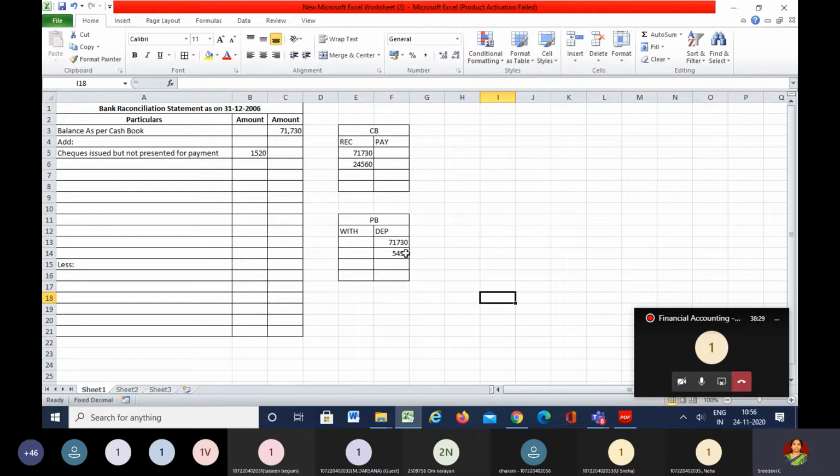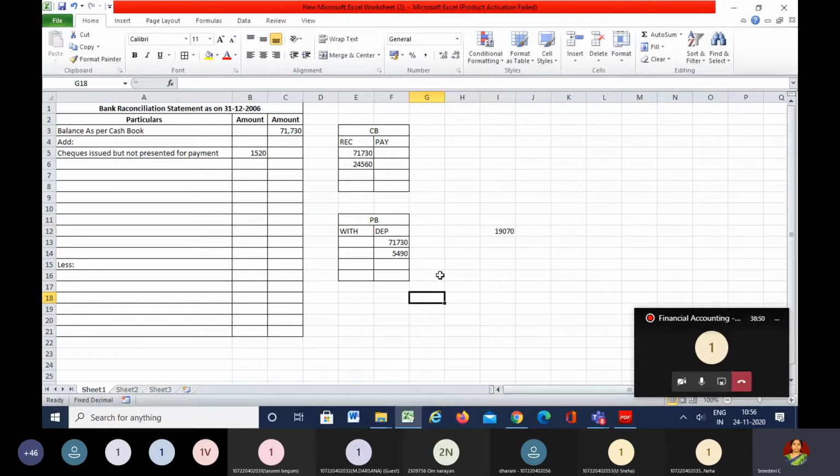So now you need to find out how much is the difference between both the balances. That is 24,560 minus 5,490. The difference over here is 19,070 rupees.